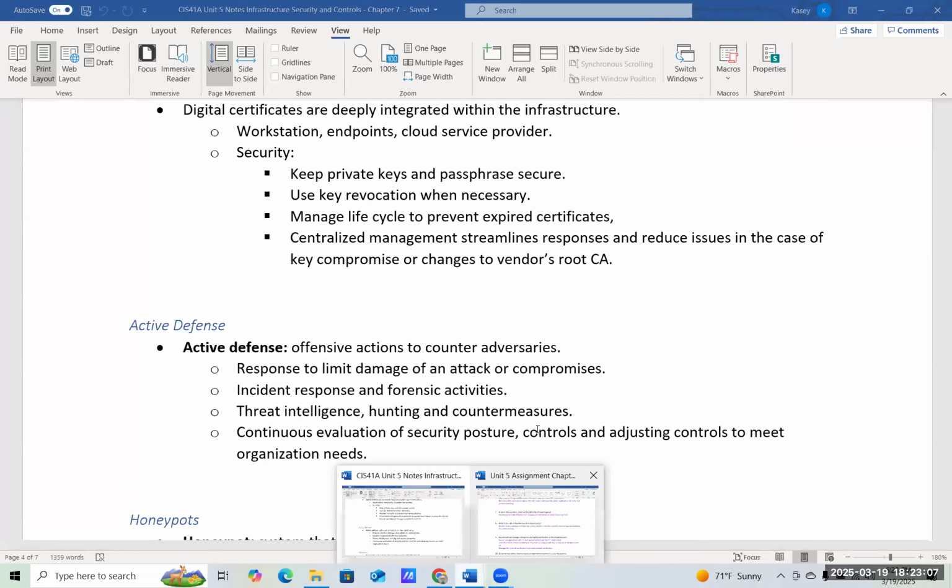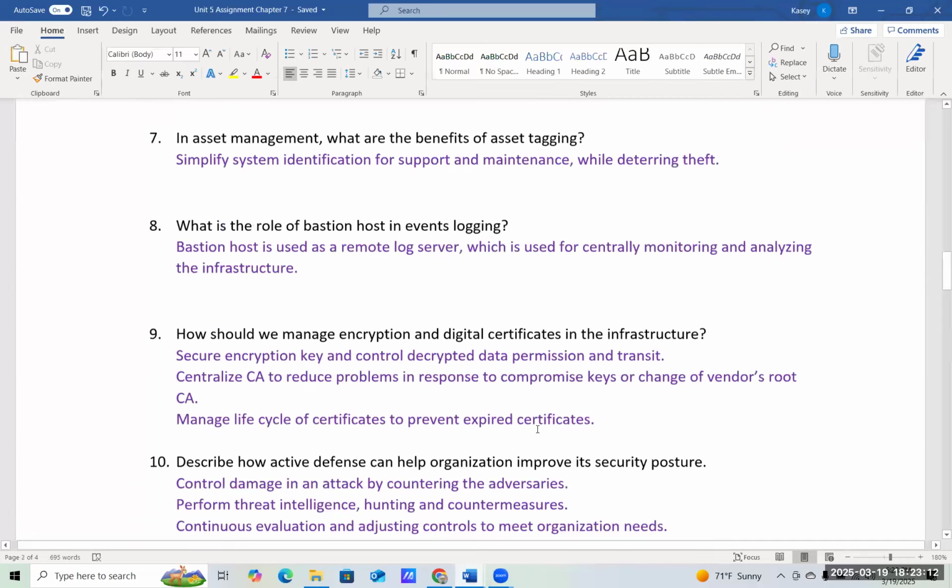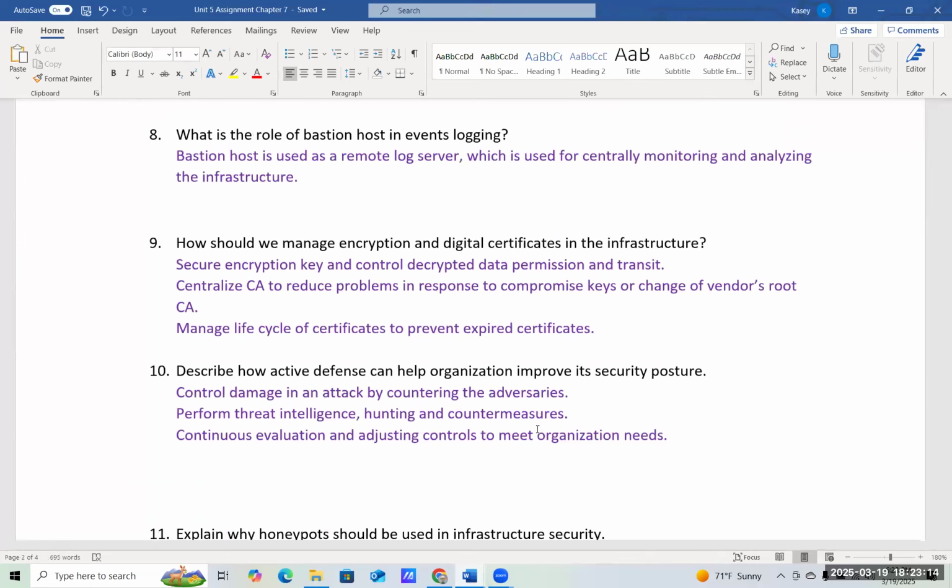Okay. Next, we're going to talk about active defense. So in the next section of the notes, it talks about active defense and why is this important? So active defense is a proactive approach.